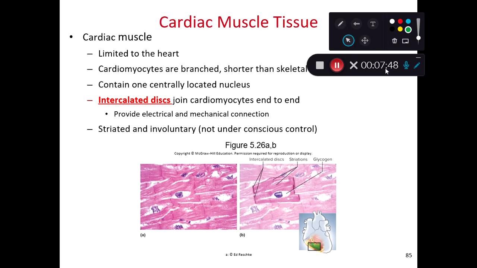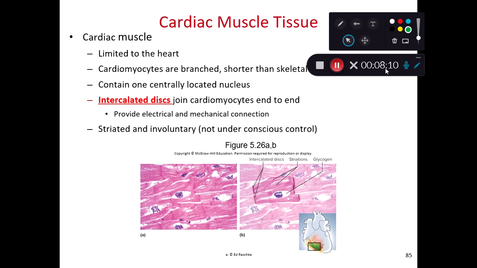Our next tissue type is cardiac muscle tissue. Cardiac muscle tissue is kind of the in-betweeny. It's an in-between of skeletal and smooth muscle tissues in terms of characteristics, because we need a little bit of everything with our cardiac muscle tissue. We need the strength of the skeletal muscle tissue, but we need the endurance of the smooth muscle tissue.